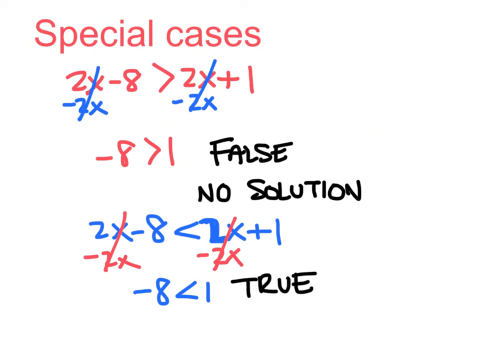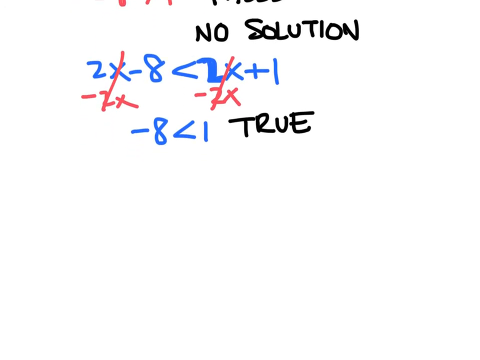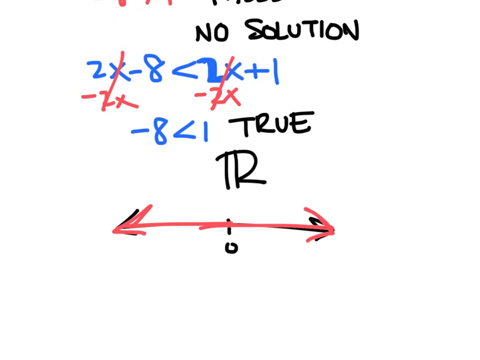If I ever get a true statement and all my x's have eliminated, it's just an always true statement. Then that means it doesn't matter what I plug in for x, I'm always going to get a true statement. So in that case, if you had a number line, you would shade everything. And the answer here is all real numbers.